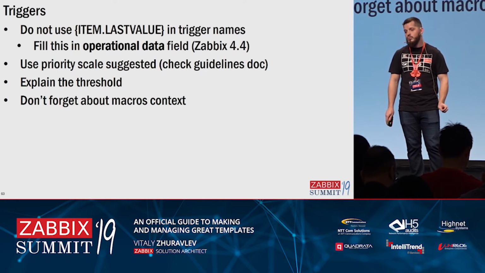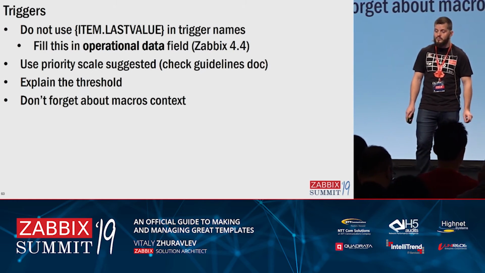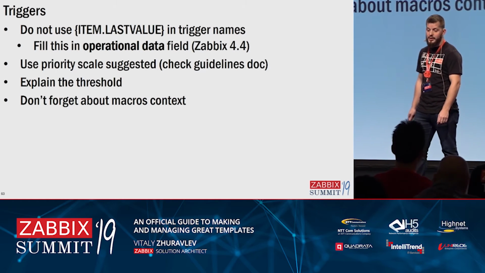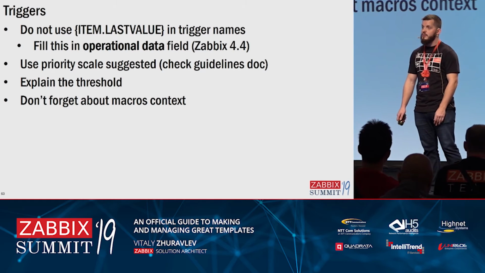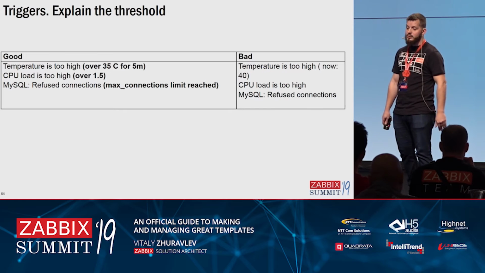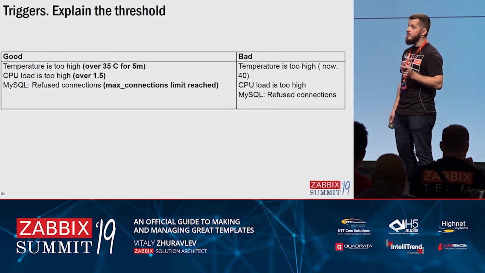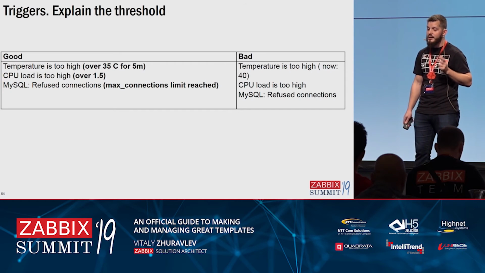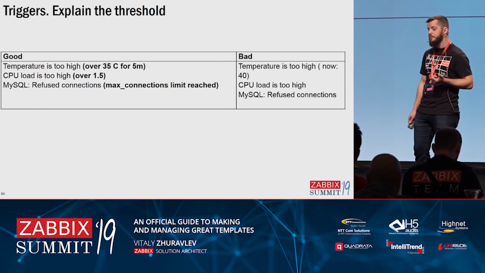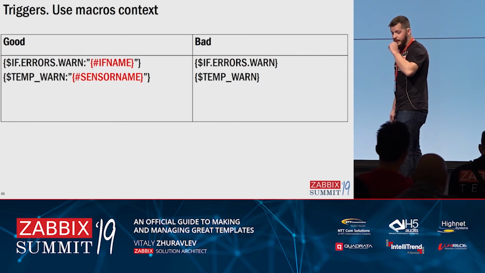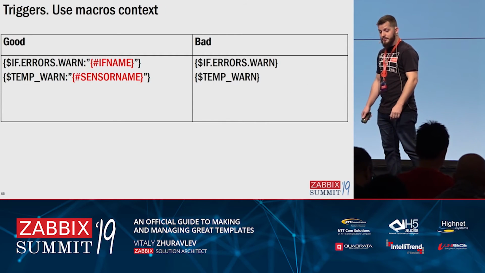Leave it to business level problems. Explain the threshold of the trigger, and don't forget about macros context. It's a really powerful feature as well. By explaining the threshold, I mean that if you could provide some extra information in the trigger name about why this problem actually appeared, that could be really helpful to everybody. And as I said, user macros context, really powerful.